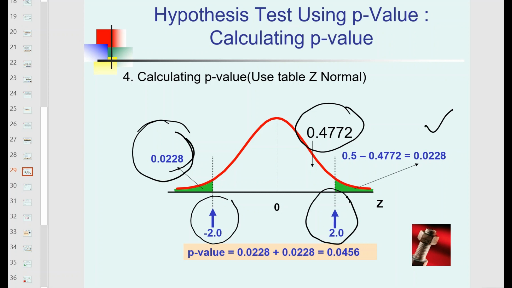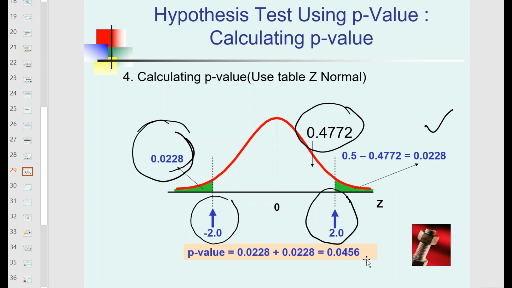It's the same on the left, negative, and also your positive side. Your p-value is actually from both of these values, on your left tail and your right tail. So you add both that you get from the negative side and the positive side, and you'll get the p-value of 0.0456.